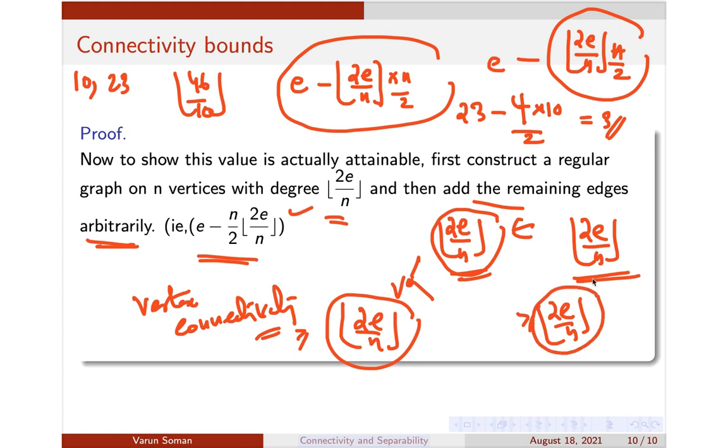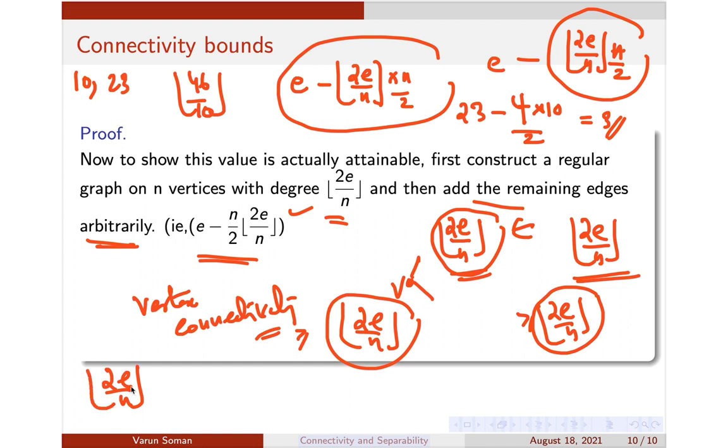When I delete these 2e by n vertices, only then the vertex will be disconnected. There can be more edges also, but there's no need to go into so much detail. There will be some vertex with exactly this degree. Just understand that.